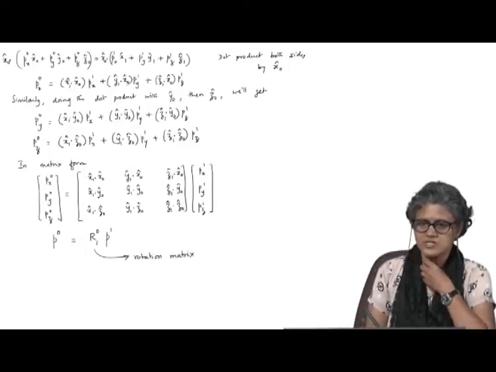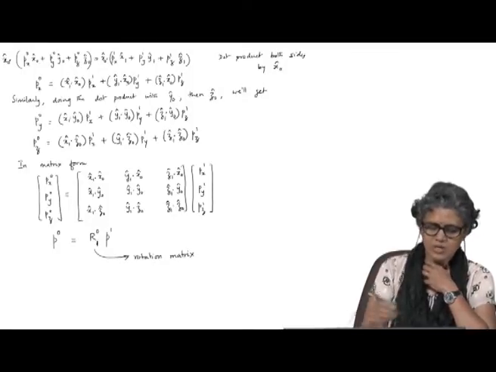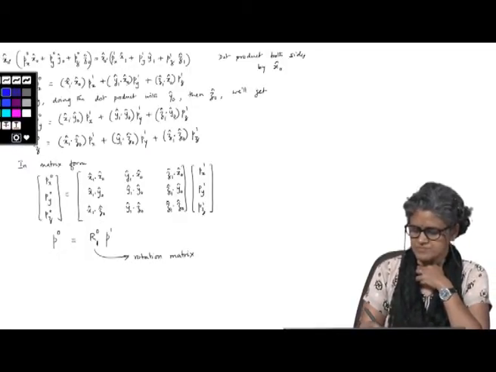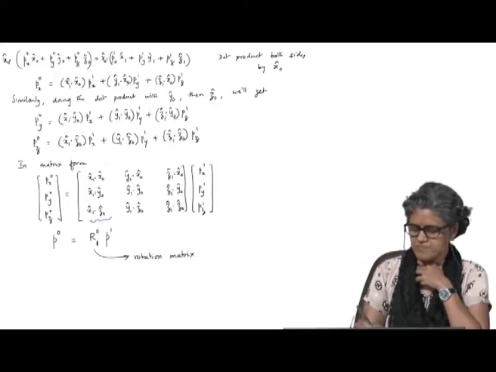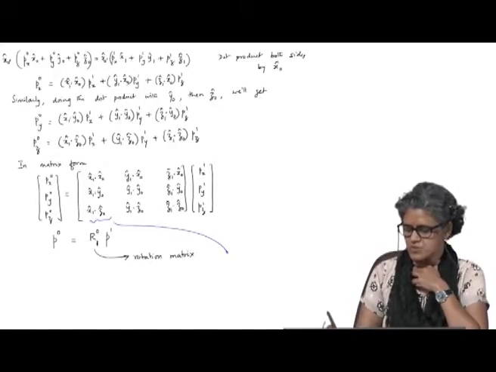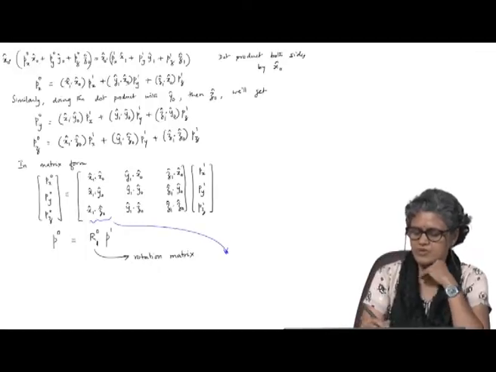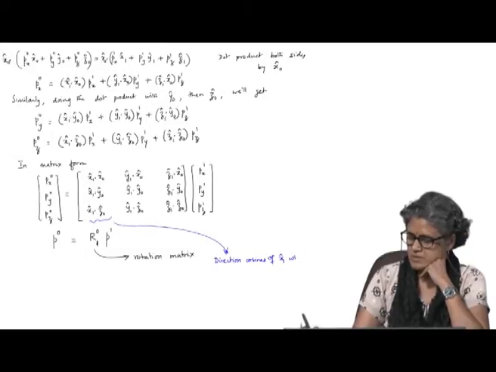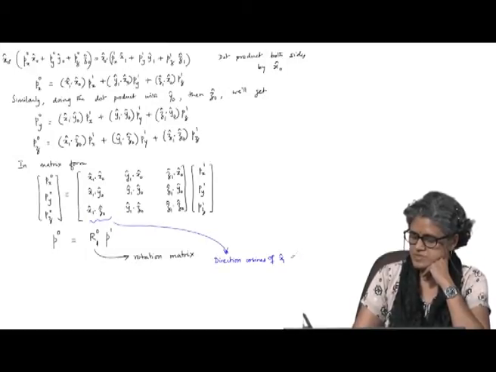So, this is the notation, rotation of frame 1 with respect to 0, and if you look at the columns of this matrix, these are the direction cosines of x1 with respect to frame 0.